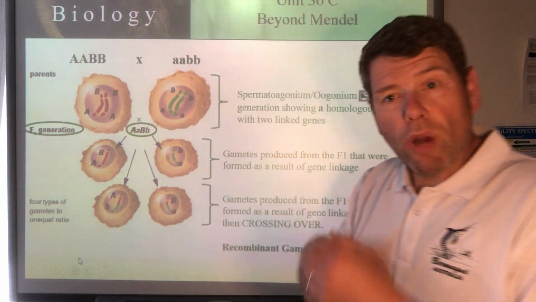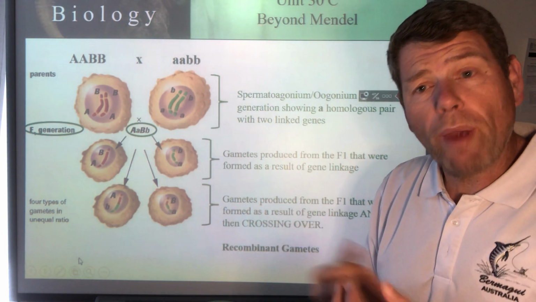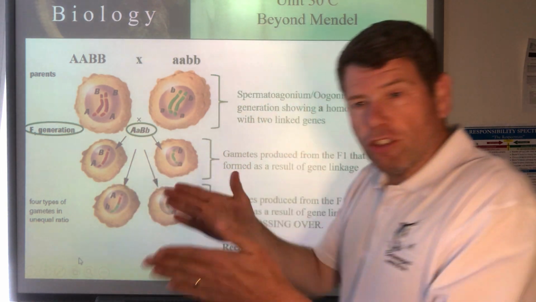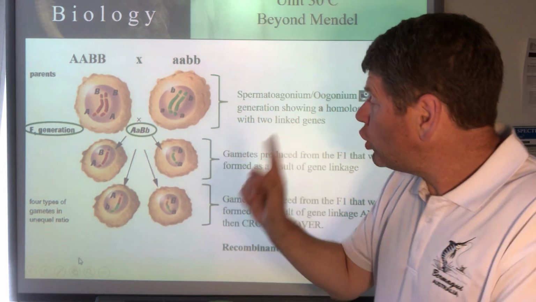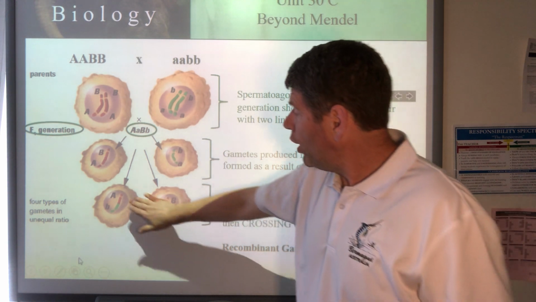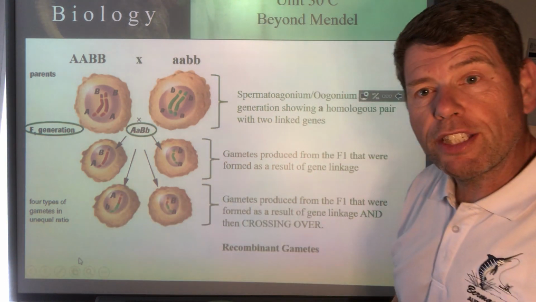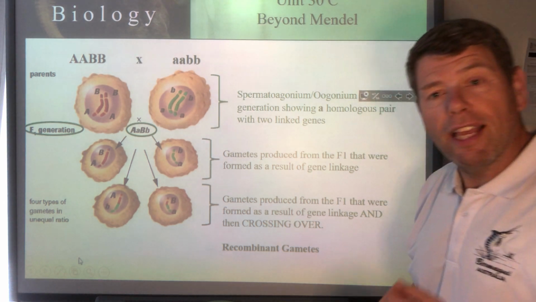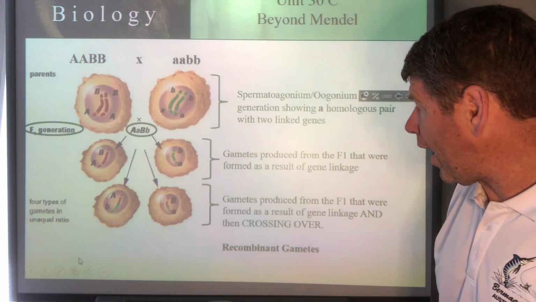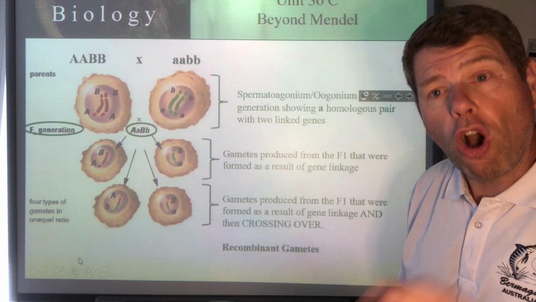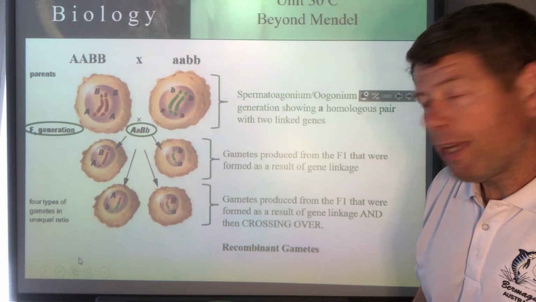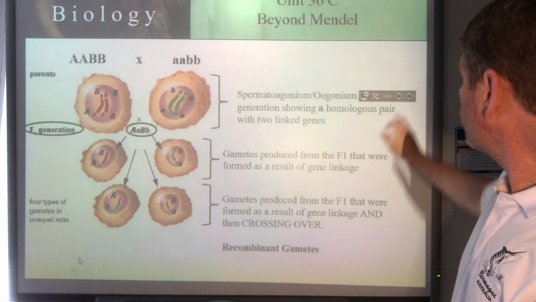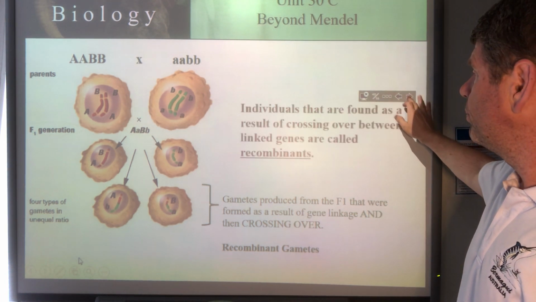But when crossover happens, remember crossover is a random event, we can actually get a segment that trades places, which could bring together a dominant allele with a recessive allele, but only in small numbers. When that happens, we call those gametes recombinant gametes, because we've recombined the way that the alleles come together.